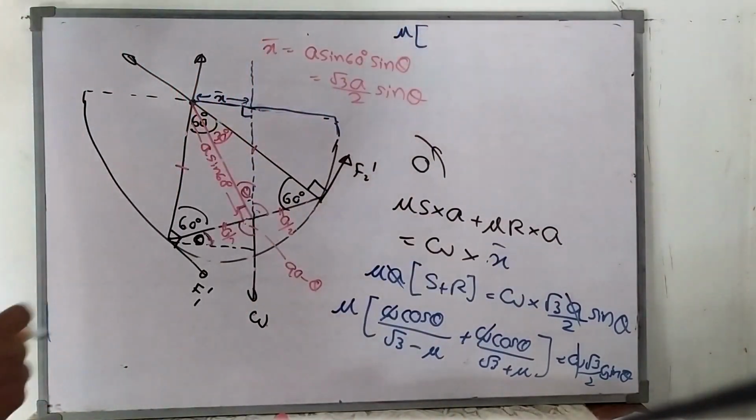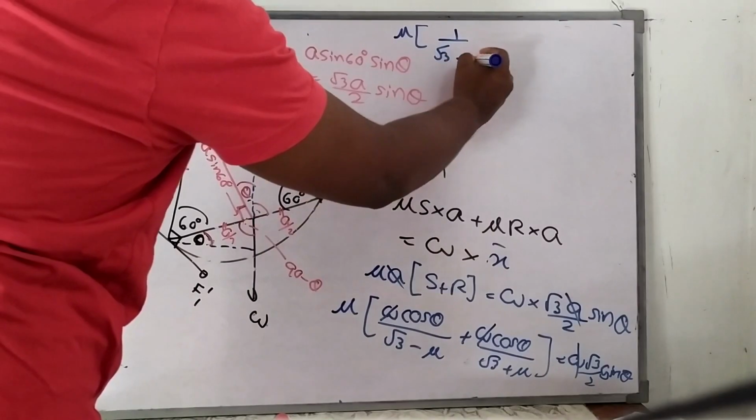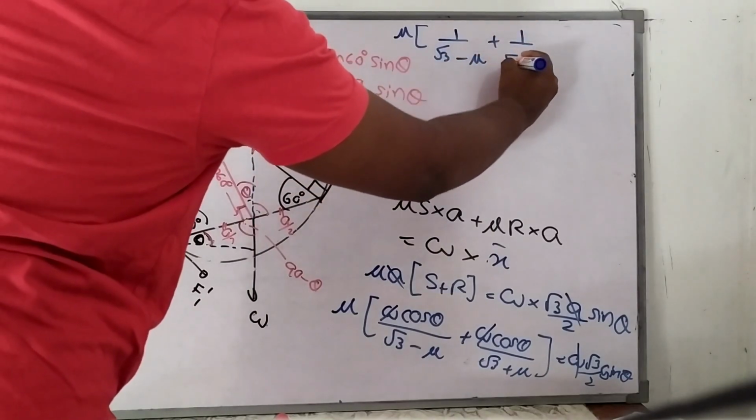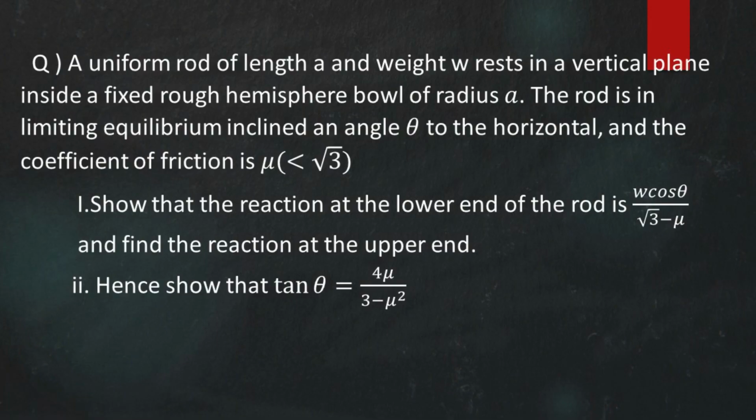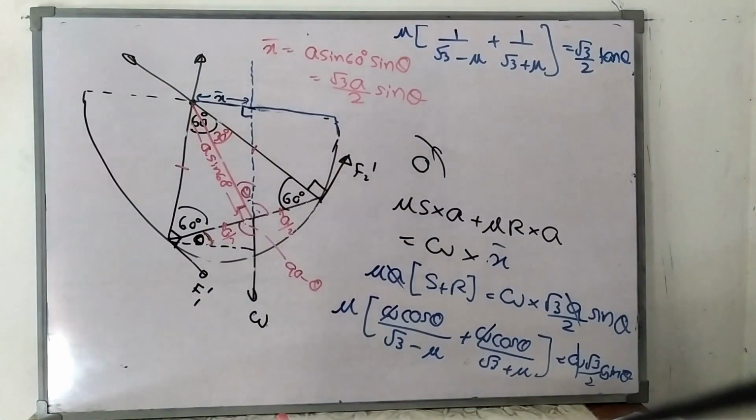So I'm taking mu outside, I'm taking a common denominator, and we can divide all by cos theta. Then 1 over mu root 3 minus mu, 1 over root 3 plus mu, equals root 3 by 2 tan theta divided by cos theta.